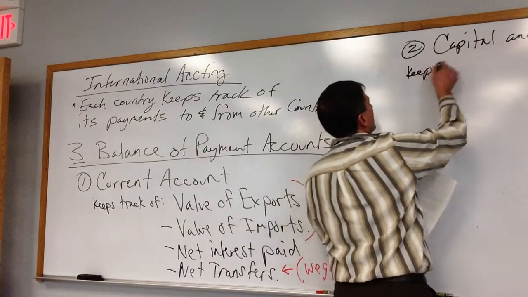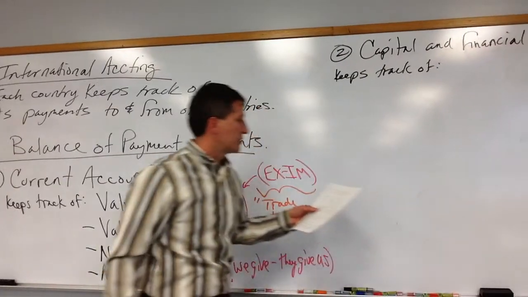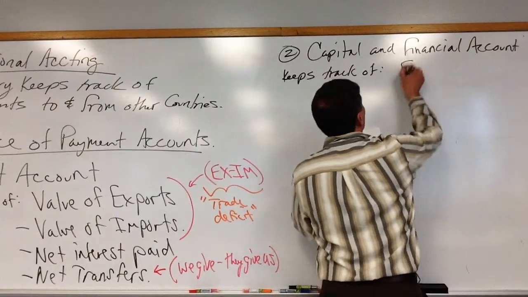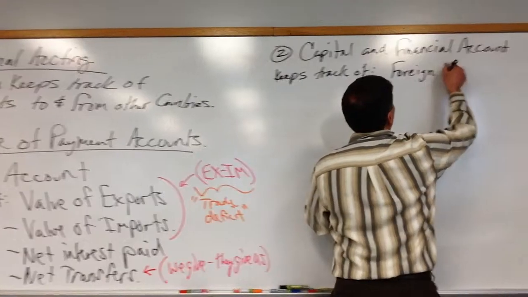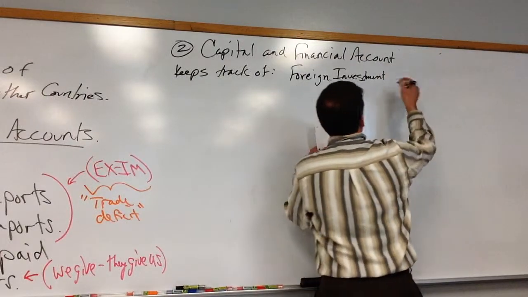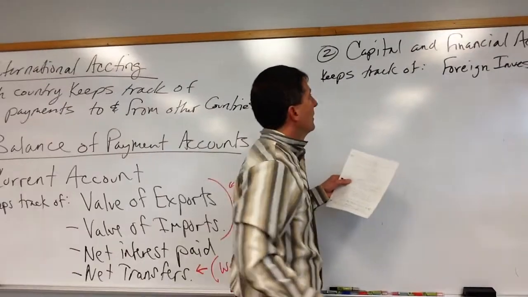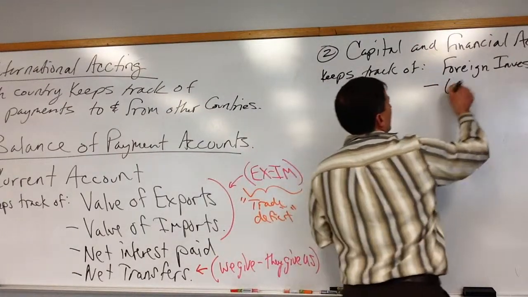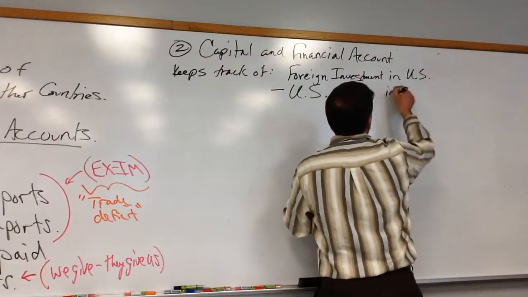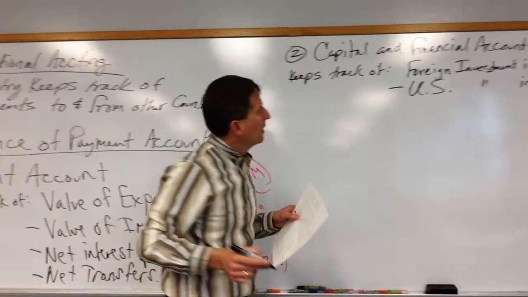And what this little set of books keeps track of is foreign investment in the U.S. minus U.S. investment in the rest of the world. ROW.